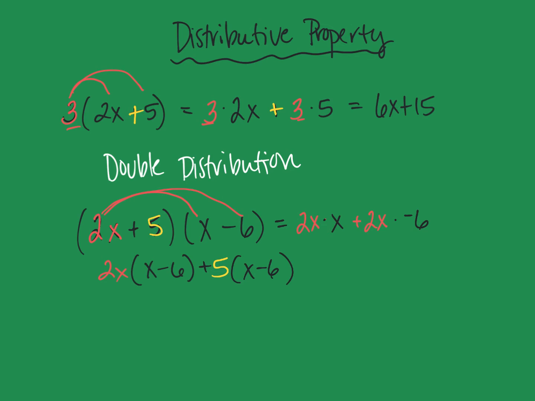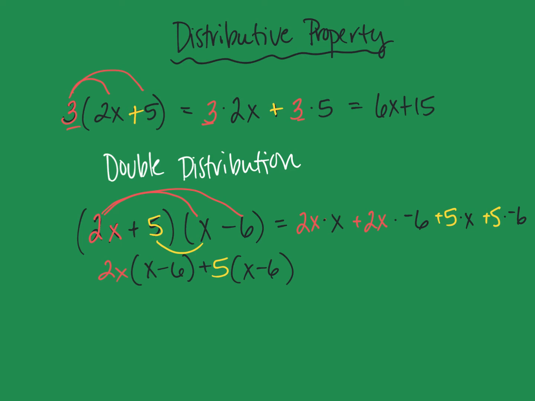Then we're going to do the same thing with our 5. So it's a positive 5, so we're going to do plus 5 times x plus 5 times negative 6. If you look at the picture and the colors here, you'll see that the 2x is always in red, the 5 is always in yellow, and the stuff that I'm distributing to is always in black.